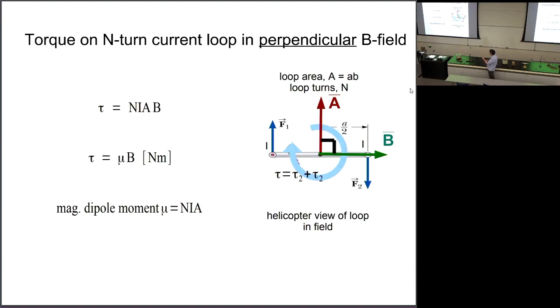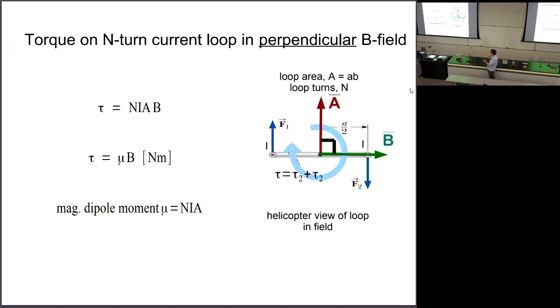All these three things over here, you can write in terms of one quantity. It's given the symbol mu. It's called the magnetic dipole moment. It's equal to NIA. It characterizes the size and the shape and the current that's carried by the loop. The only other factor is the magnetic field.